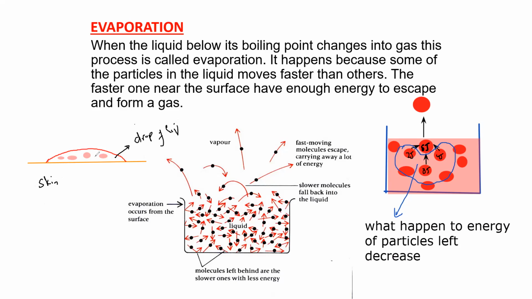Now what happens? These particles gain energy, but from where? These particles take energy from the skin. When they gain energy from the skin, the particles go out into the atmosphere, or the substance changes state from liquid to gas.